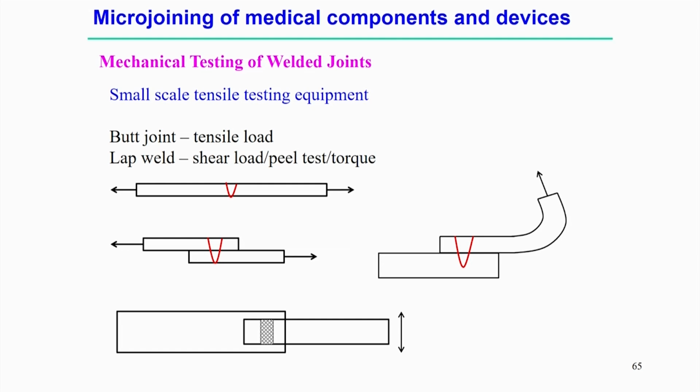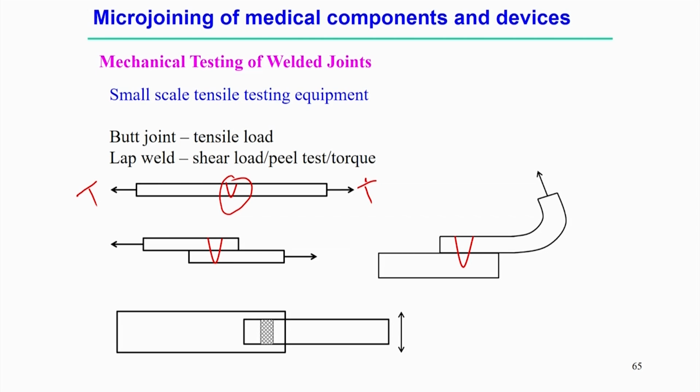So, small scale tensile testing equipment is required to do any kind of tensile testing. For example, we see some examples here. Here we see a butt joint. So, joining of two components, two metals joined in a butt joint configuration, and in this case the tensile load is acting in the outward direction, and we try to analyze the load versus failure mode or joint strength using this simple application of the tensile load.